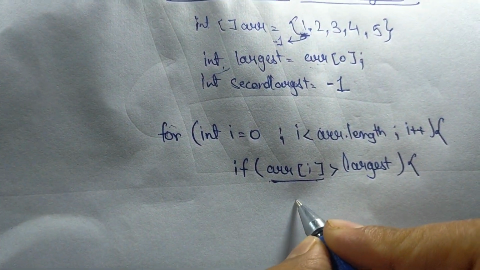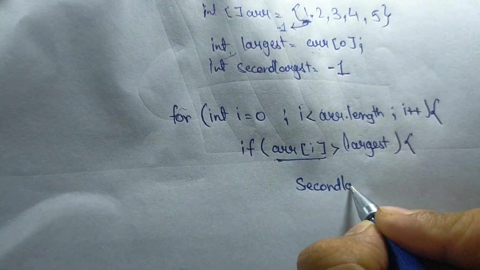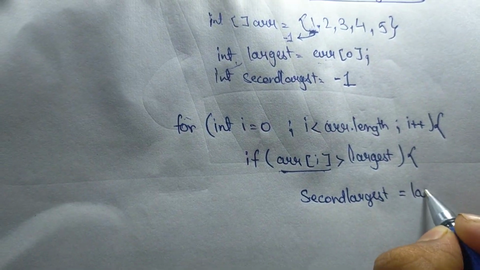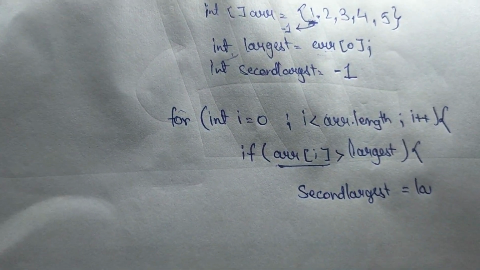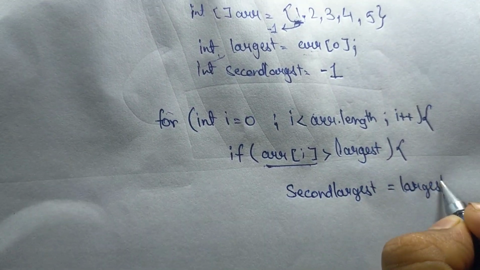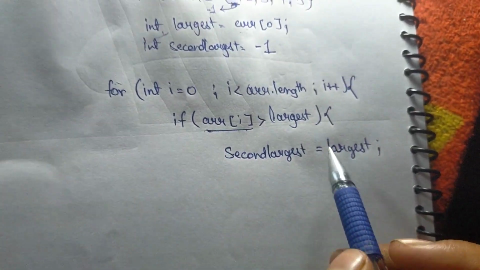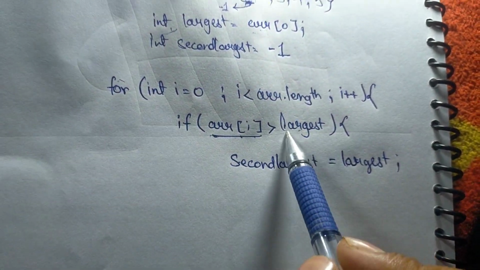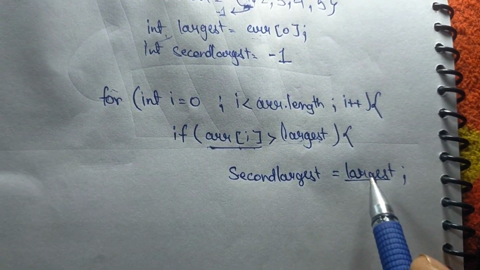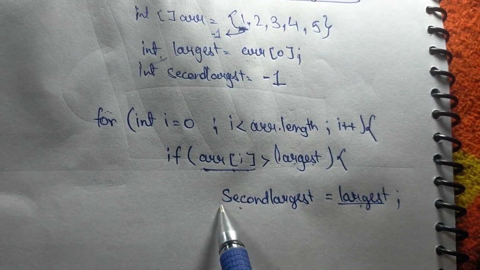We initialize the largest element to the second largest. Means if array of i is larger than this number, then the initial value in largest, I'm assigning to the second largest.